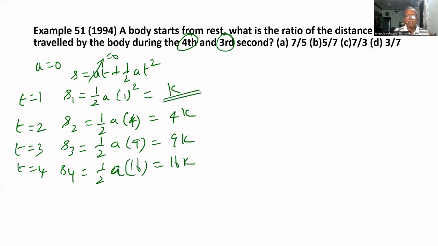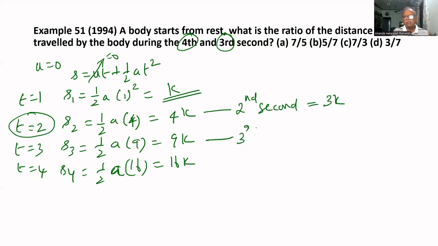First 1 second it traveled K distance. Second, what is the travel? 4 minus K, 3K. During second, the distance traveled is 3K. Third second, what is the travel? 9 minus 4 equal to 5K distance travel.